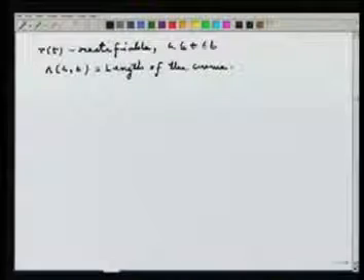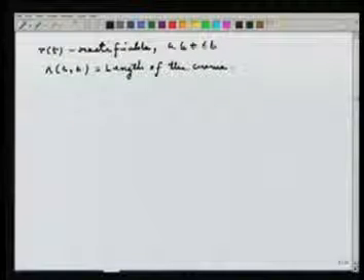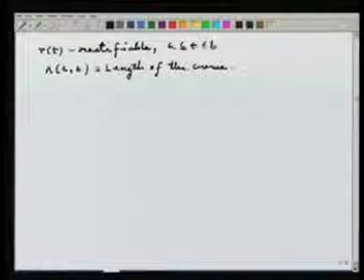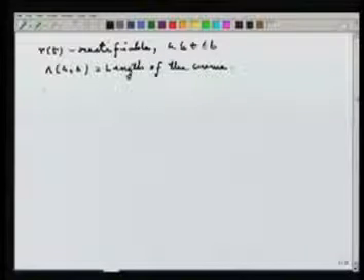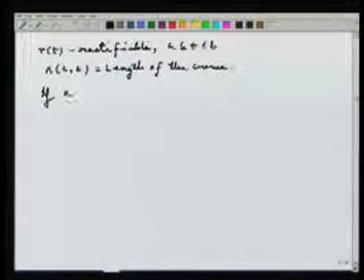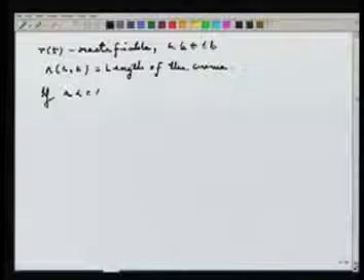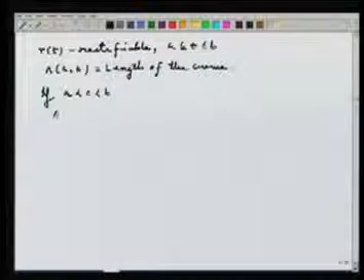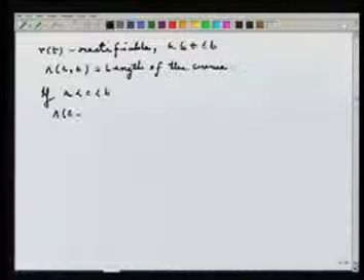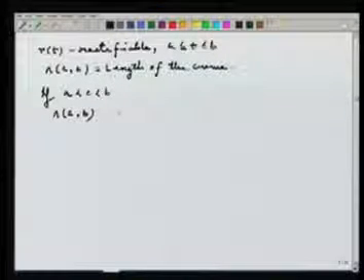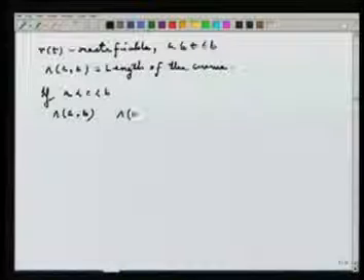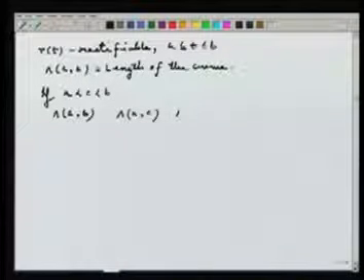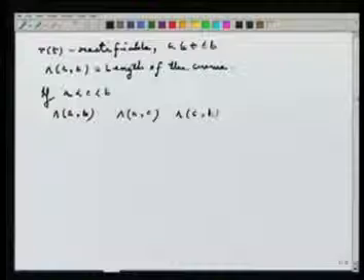Now, the following thing can be proved, not very easy, but it's a provable fact, and we will need it. It is the additivity of the length. That is, if c lies between a and b, then I can talk about the lengths lambda_ab, lambda_ac and lambda_cb.